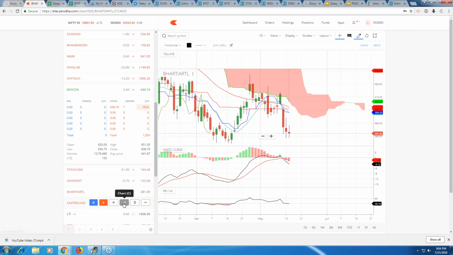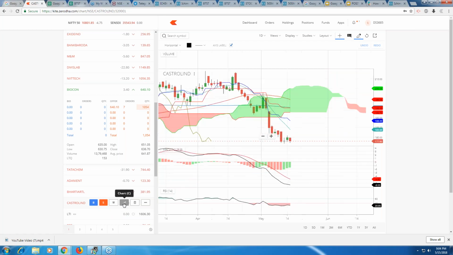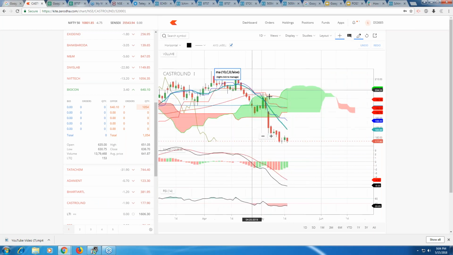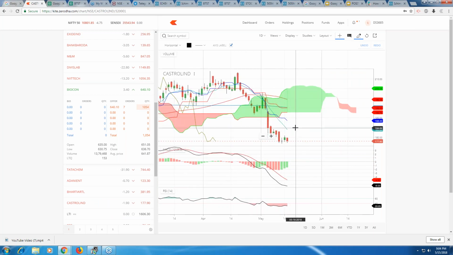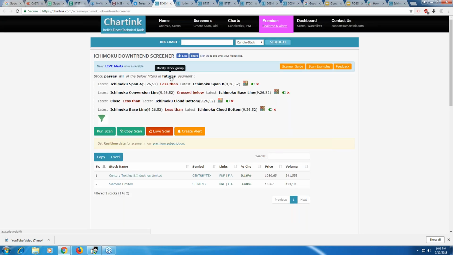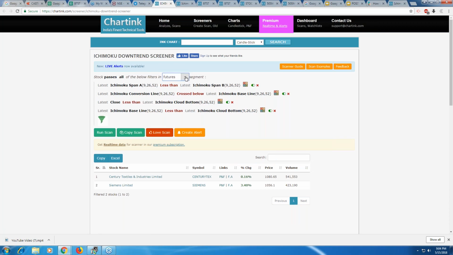Another I filtered out from here was Castrol, right? Castrol has nicely pierced the cloud, and it's in the downtrend, right? So these are the stocks I filtered using the same scanner as I'm showing you, right? These are the scanners that I used in the future lot, and in the cash segment.